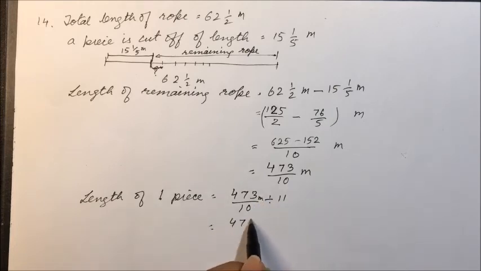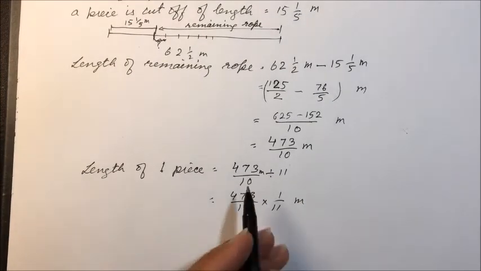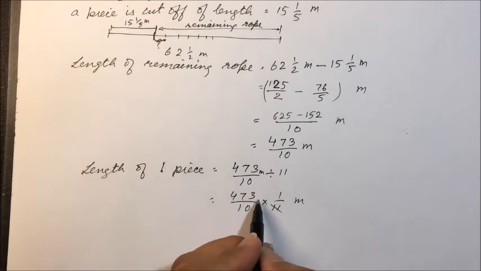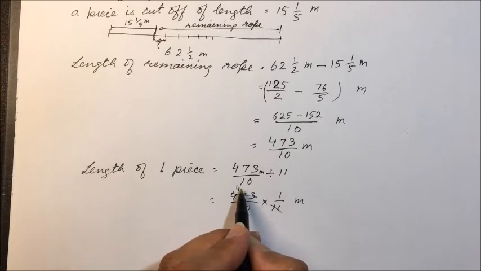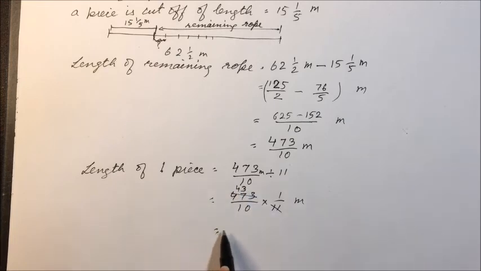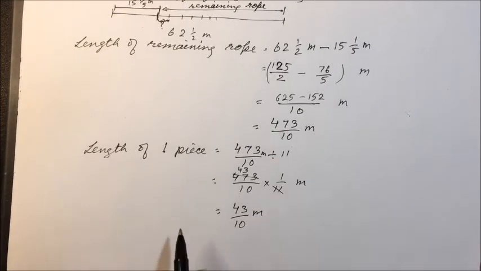So 473 divided by 10 into 1 upon 11 meters. Now 473 is divisible by 11. 11 4s are 44, 33, 11 3s are 33, it is 43 upon 10 meters, or 4 3 upon 10 meters.